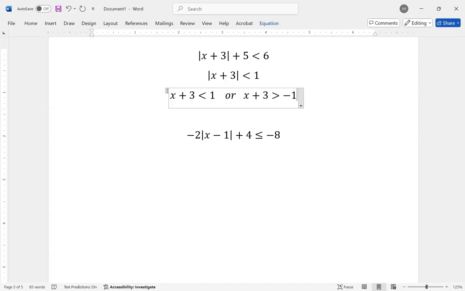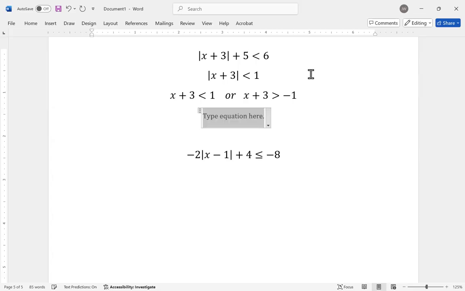Again, I have to flip the sign when I use the negative because that's like multiplying both sides by a negative number. Now I can subtract 3 from both sides. We end up with x is less than -2, or x, well, when I subtract 3, I get greater than -4.